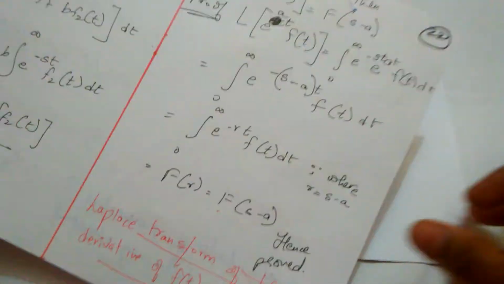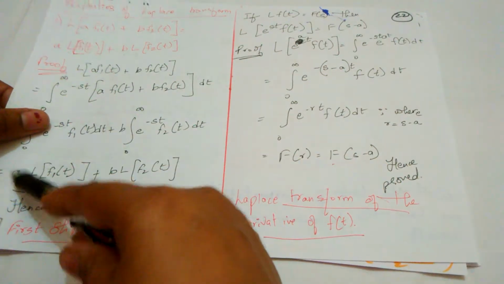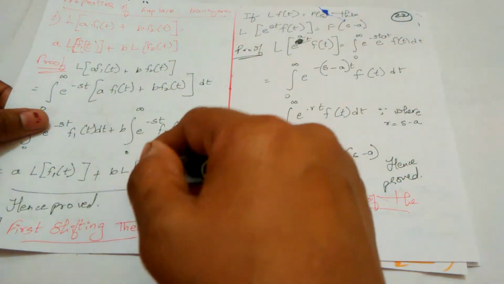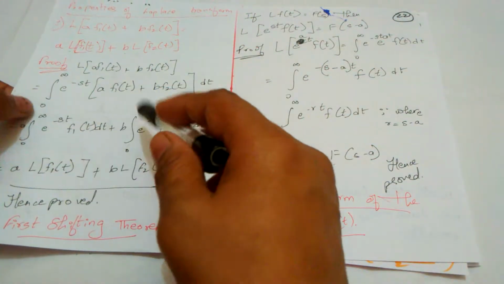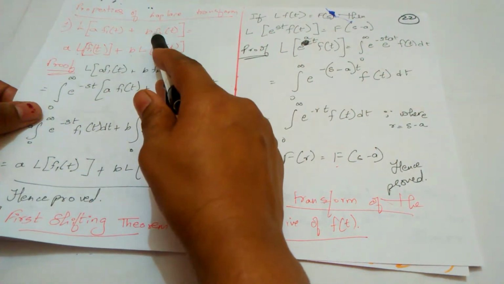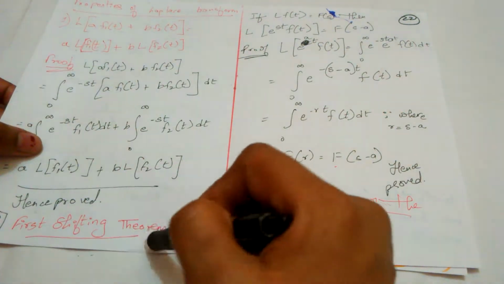After that we started a topic called properties of Laplace transform. So we had two properties. This is the linear property, where L of a f1 of t plus b f2 of t is equal to a L of f1 of t plus b L of f2 of t. Then the shifting property theorem.